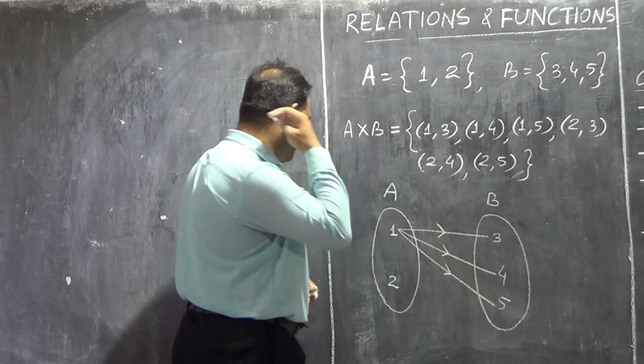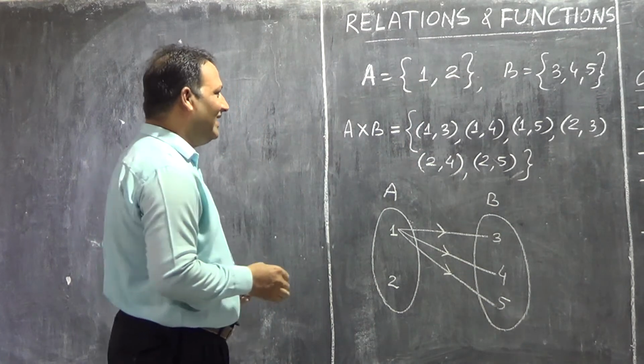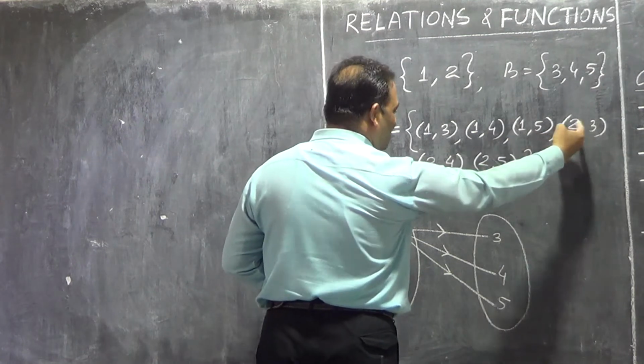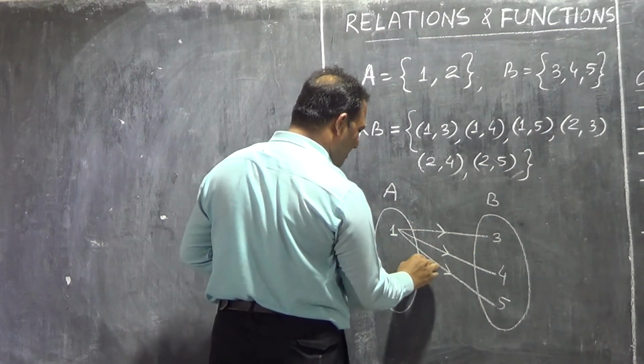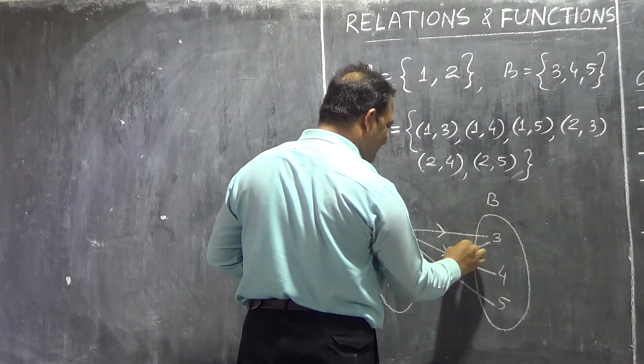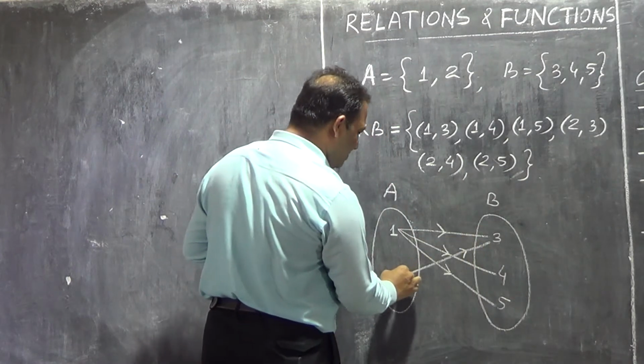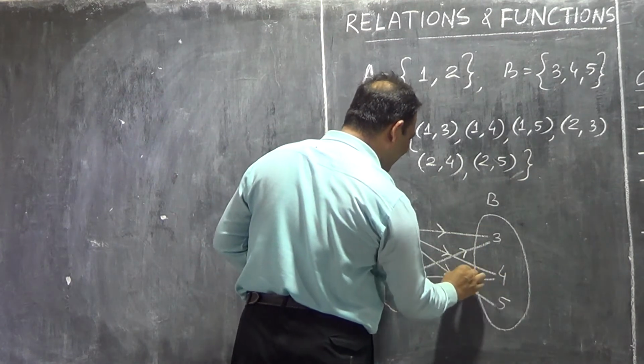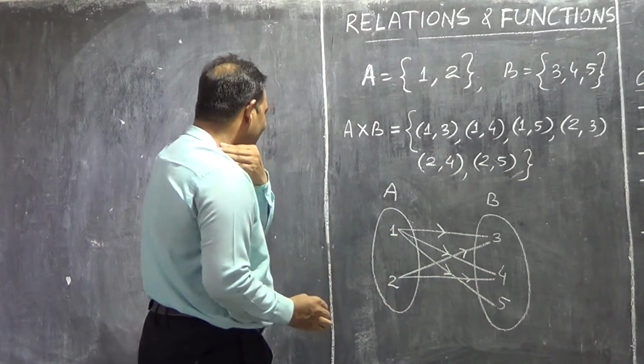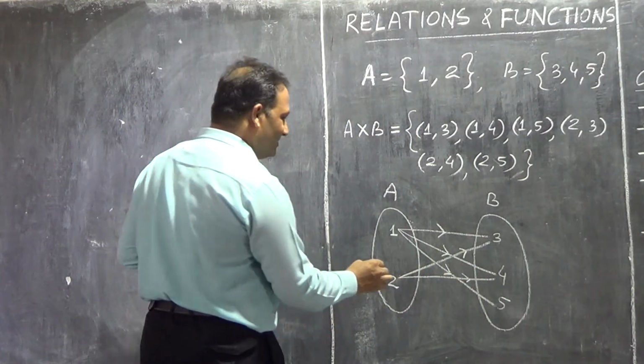That is pairing off. Then starting with 2, 2 with 3 will make another pair. Then 2 with 4 will make another pair, and then 2 with 5.